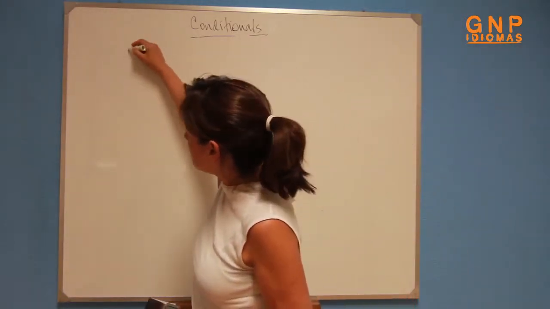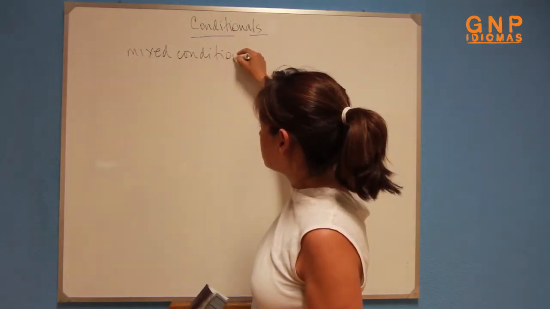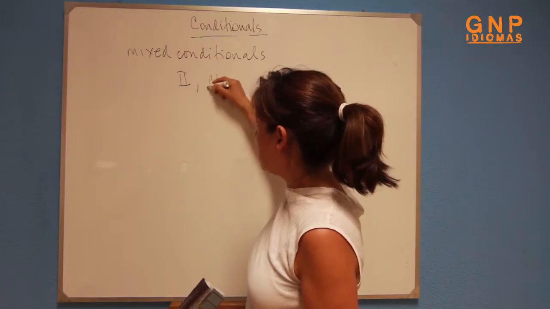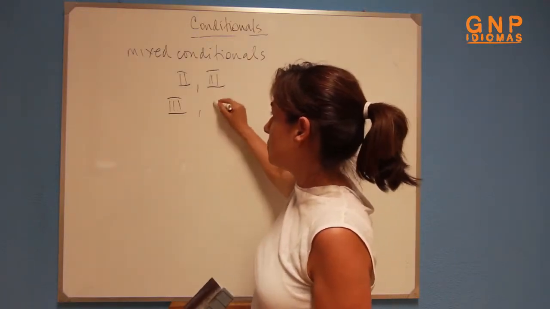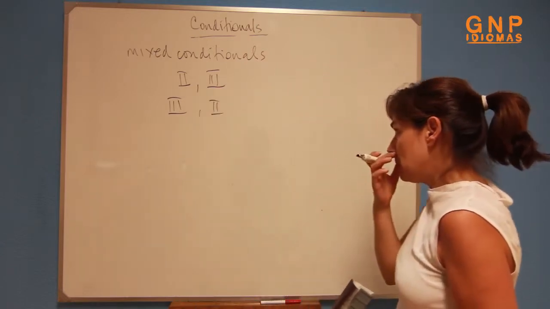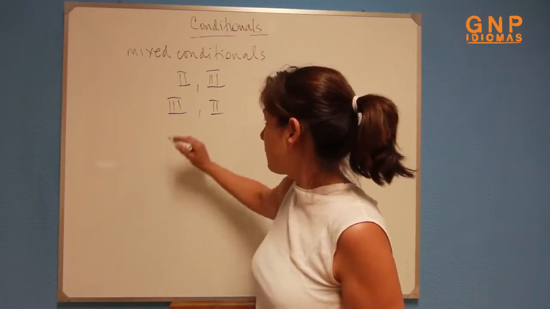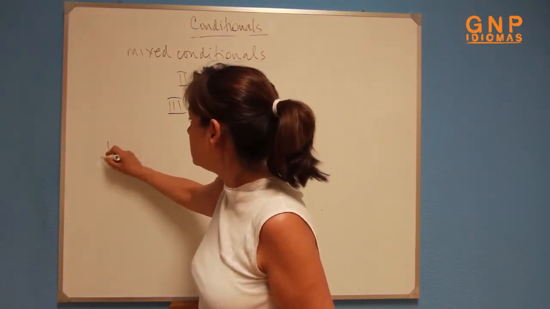Now, the mixed conditionals are type 2 mixed with type 3. That would be the second conditional and the third conditional, or the third conditional mixed with the second conditional. So these are kind of difficult to understand, okay? Imagine a second where I have a situation. Look at an example of one.